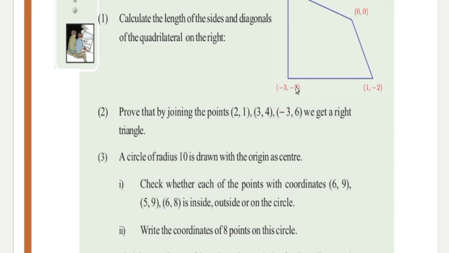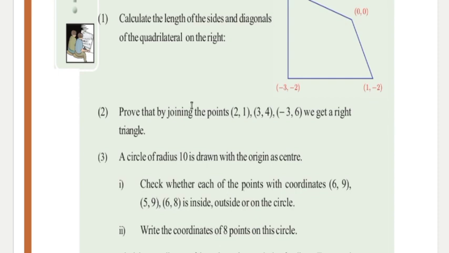That is (negative 3, negative 2), (1, negative 2), (0, 0) and (negative 3, 1). Okay, so first this side. How do we find this side? The coordinates are (negative 3, negative 2) and (1, negative 2).